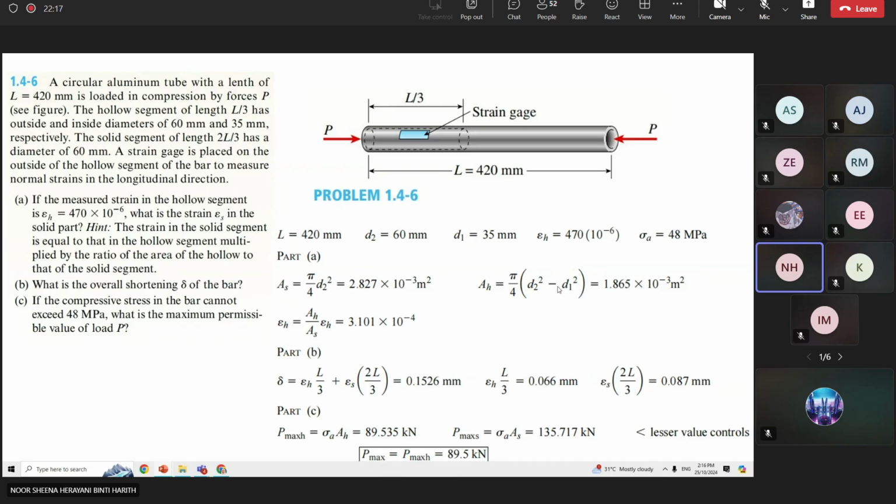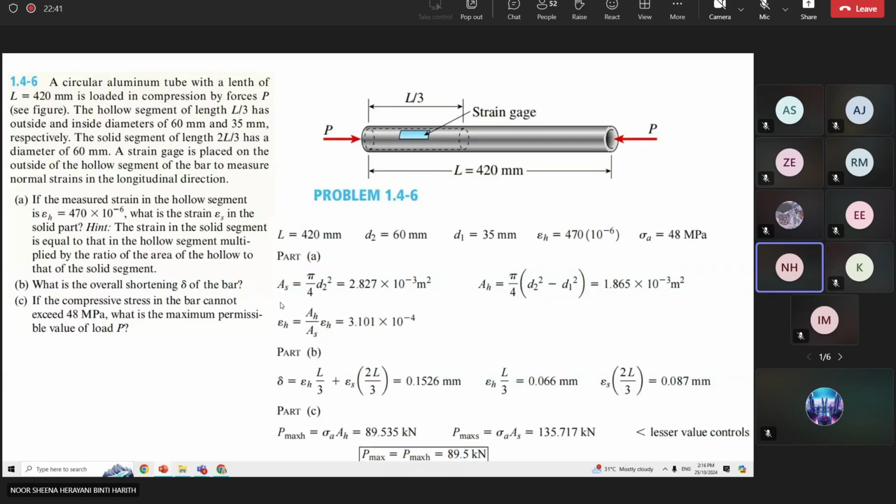And for the hollow segment, because there is a hole at the center of this segment, you have to subtract the inner diameter from the outer diameter. So this equation will be used for the hollow section. So the area for the hollow section is this one. And this is for the solid section.